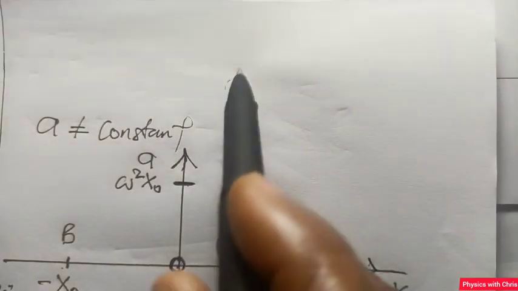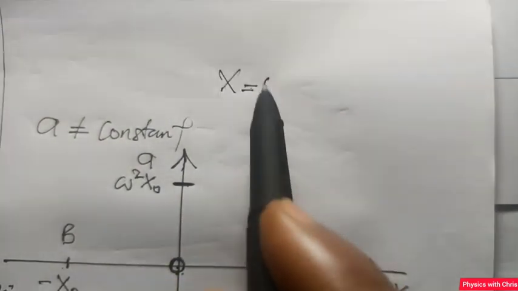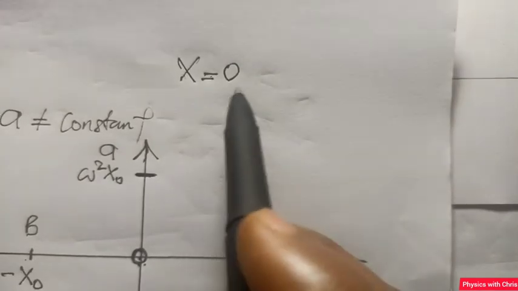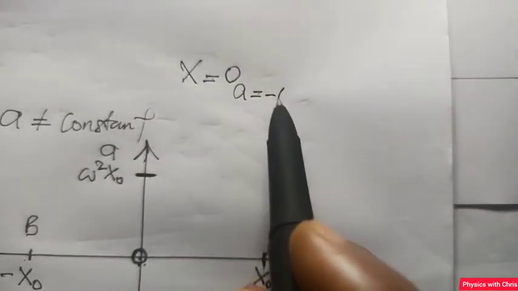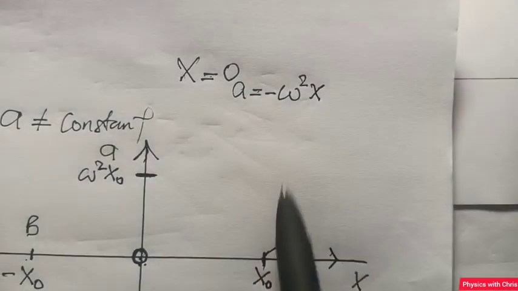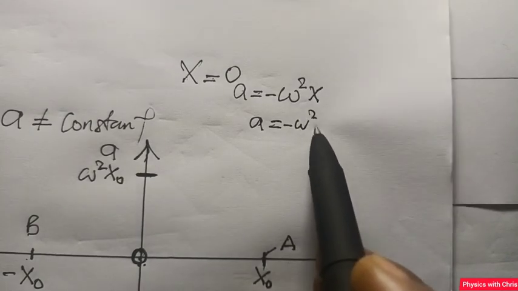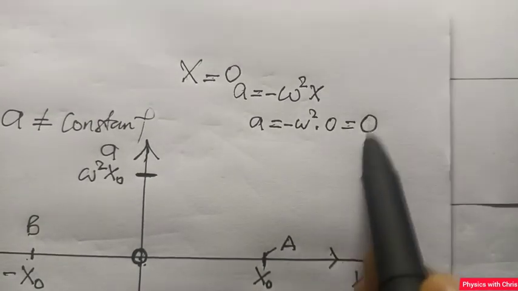Number one, let's say the displacement x is equal to 0. That is when the body is at the center of oscillation. What is the acceleration? Remember that this is given as minus omega squared times x. So the acceleration is equal to minus omega squared multiplied by 0. That gives you 0, since displacement is 0.